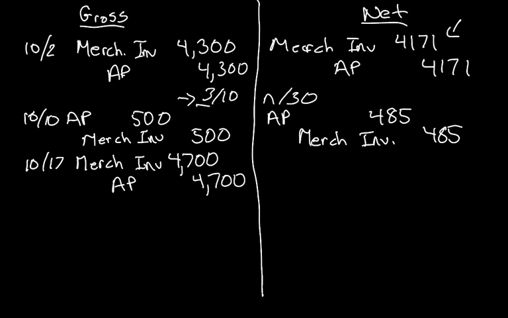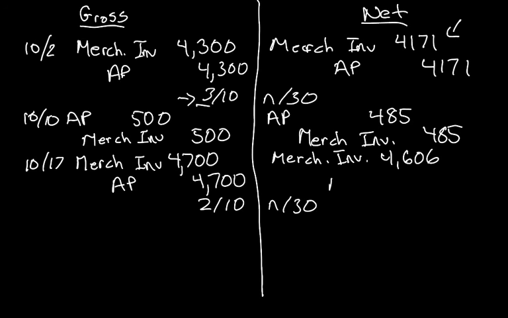Now, on the next side, we're going to record that transaction. However, we're going to record it with the discount. The terms are 2 of 10 and 30. So on the net side, we're going to debit our merchandise inventory for the amount of $4,606.